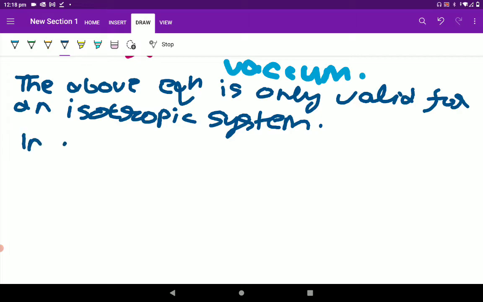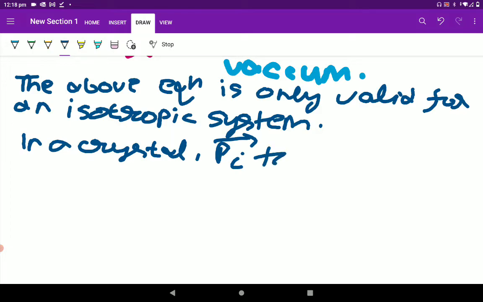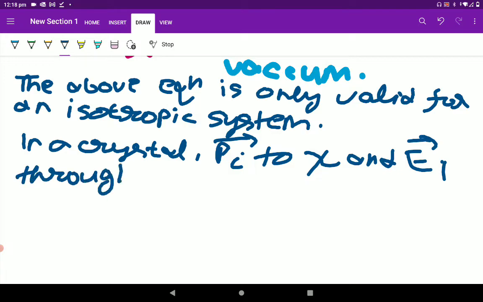In a crystal, the polarization vector is related to the susceptibility and the applied electric field through a tensor.